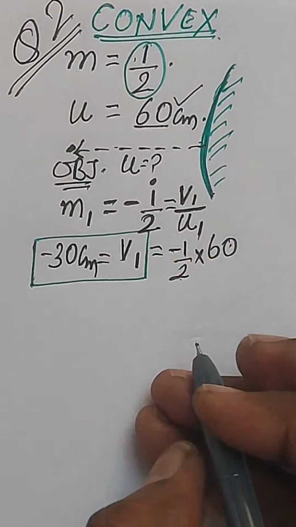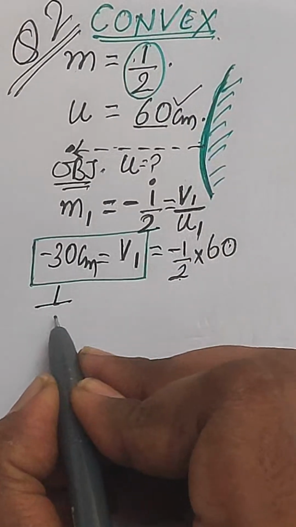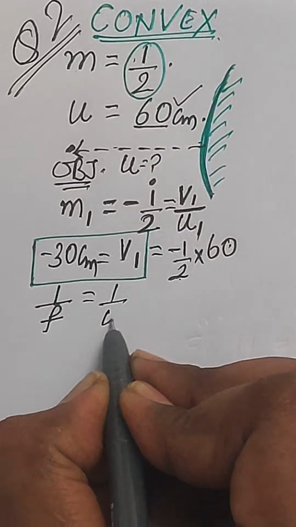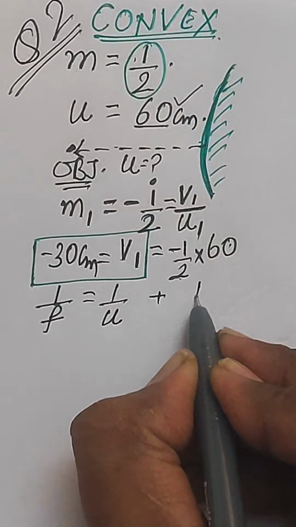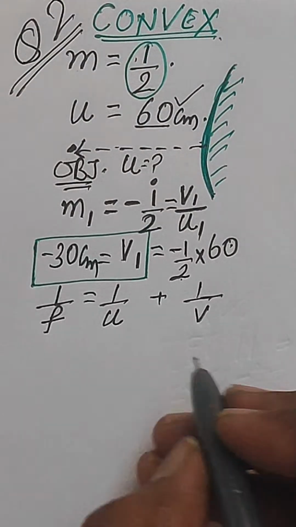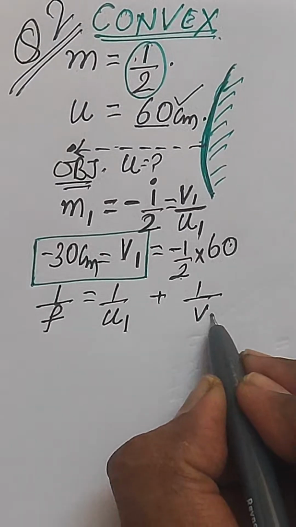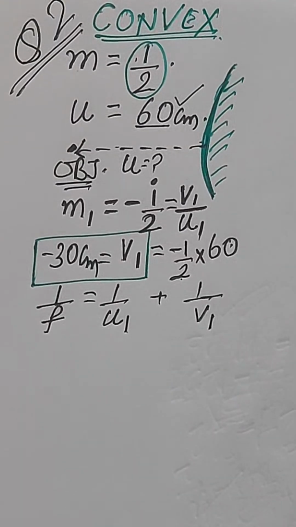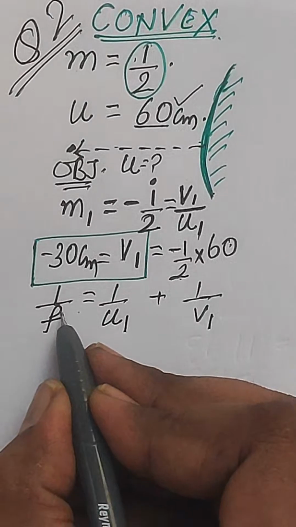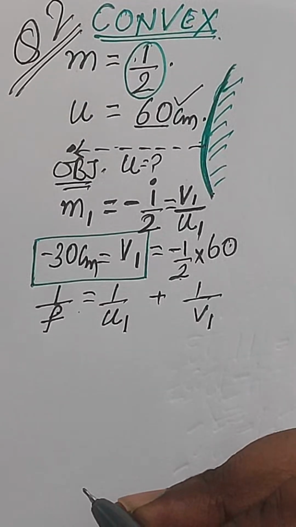Now again use the mirror formula, 1 by f equal to 1 by u plus 1 by v. So here it will be u1 and v1, right? From here we will be calculating the focal length.